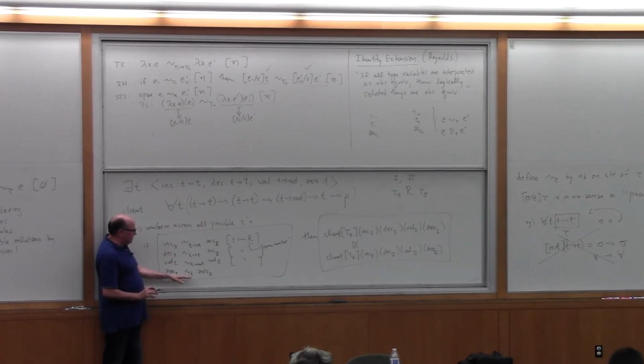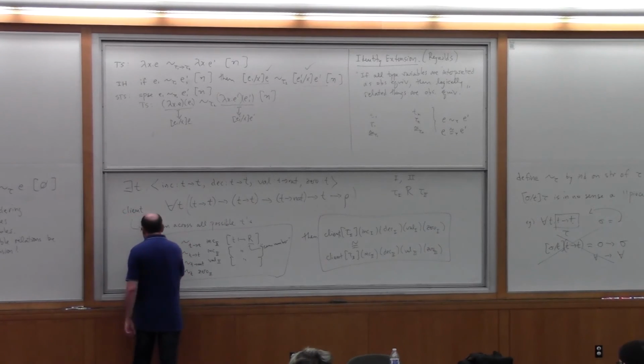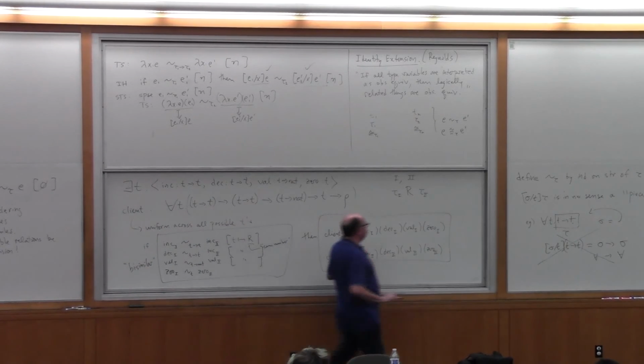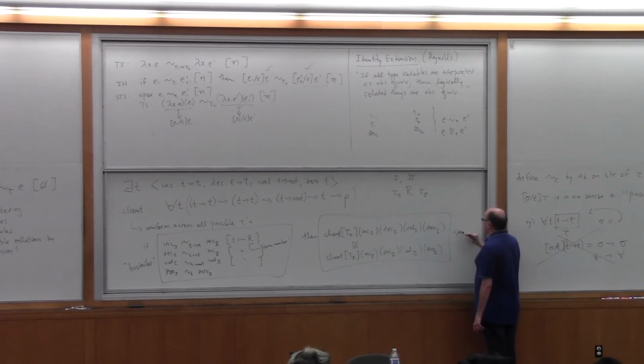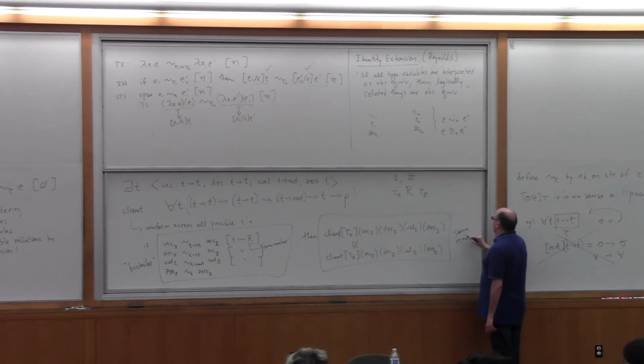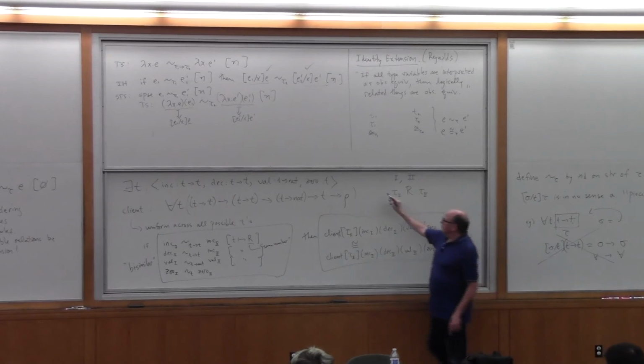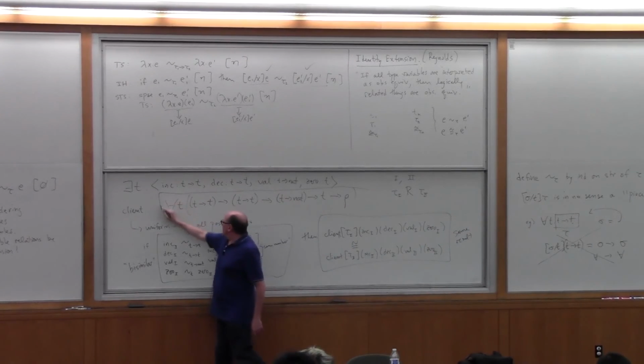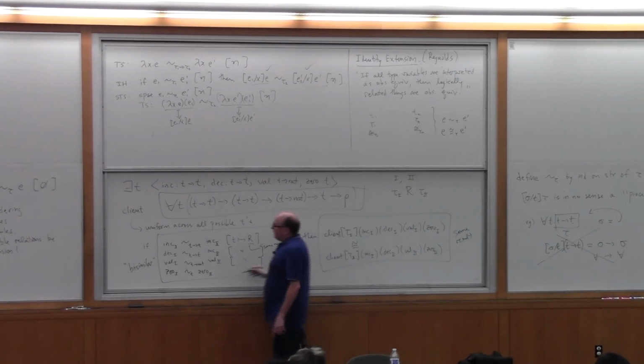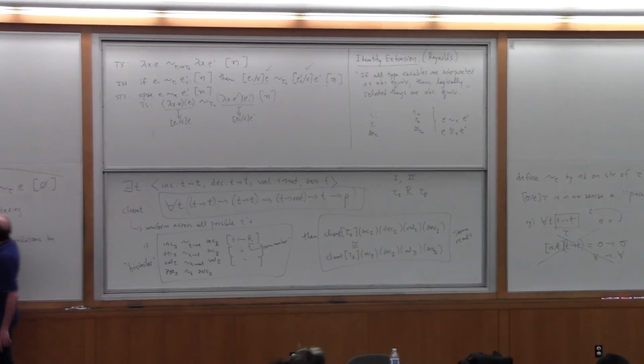If this is the case, okay, so this is called bisimilarity. If you give me bisimilar implementations, then I give you identical results. And it's all because the client is polymorphic and we have this theorem, the big theorem.